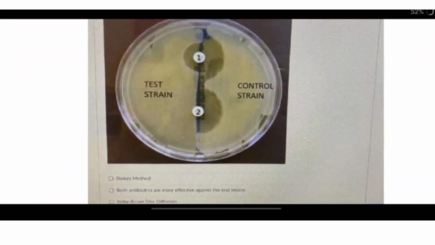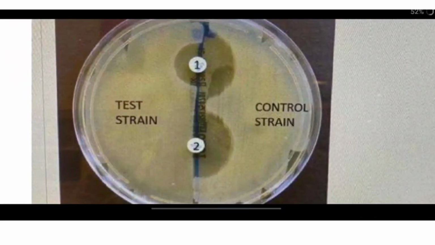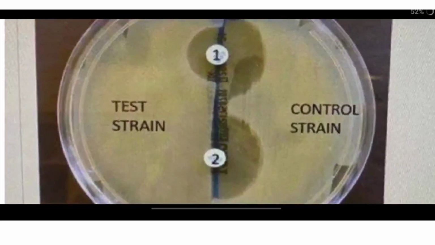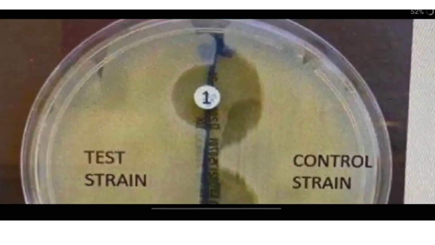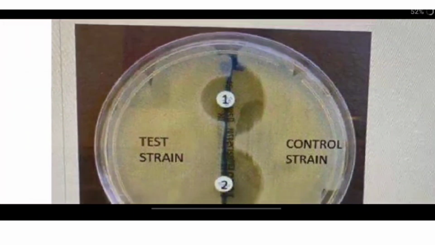So here we can see the control strain is sensitive for both the drugs, but the test strain is resistant for both the drugs. As we can see clearly, it is resistant, and here also it is resistant because it is not even matching. Okay.